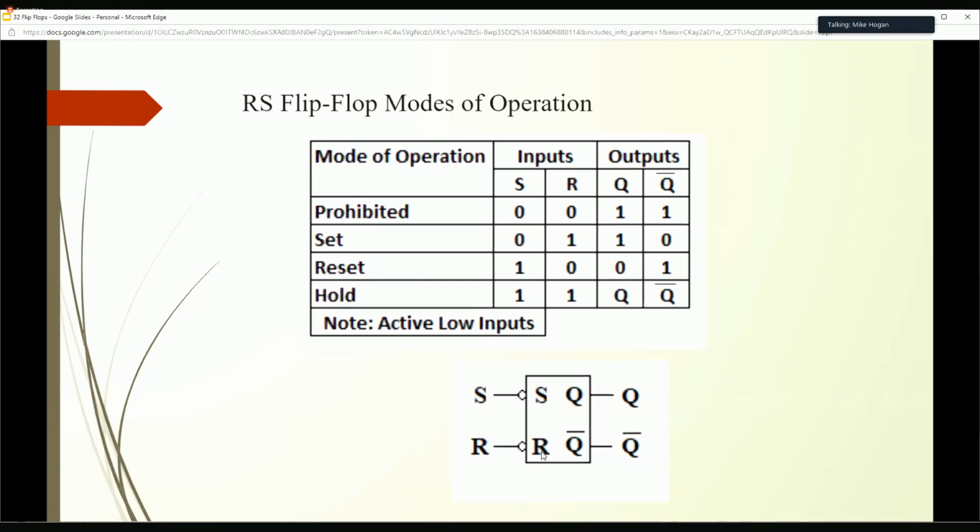So let's just look at those first. If I go to set, where I've got a low on S, that's active. I've got a high on reset, so that's not active. And so since set is active, I should expect a 1 on Q, and the opposite on Q not.